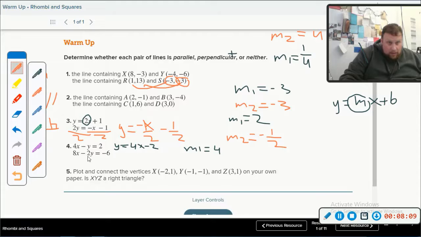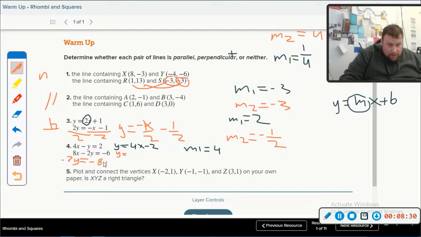And on this one right here, I'm going to subtract 8x over and divide both sides by negative 2. So when I subtract 8x over, I'm going to have negative 2y, I'm sorry, negative 2y equals negative 8x minus 6.